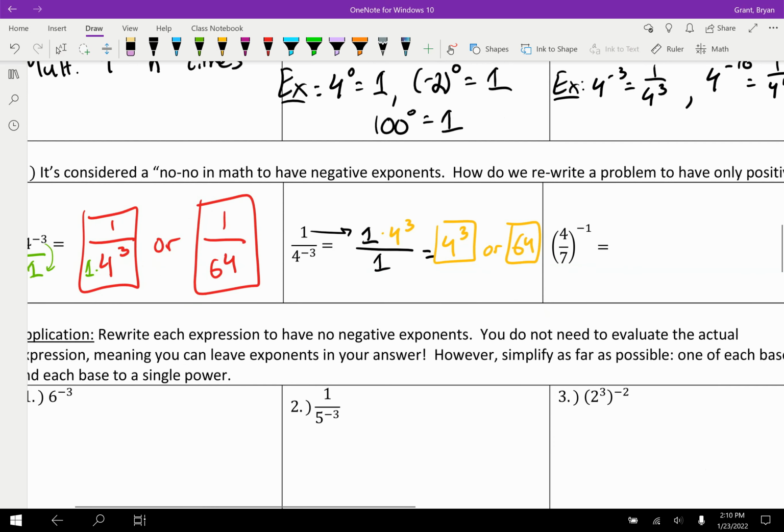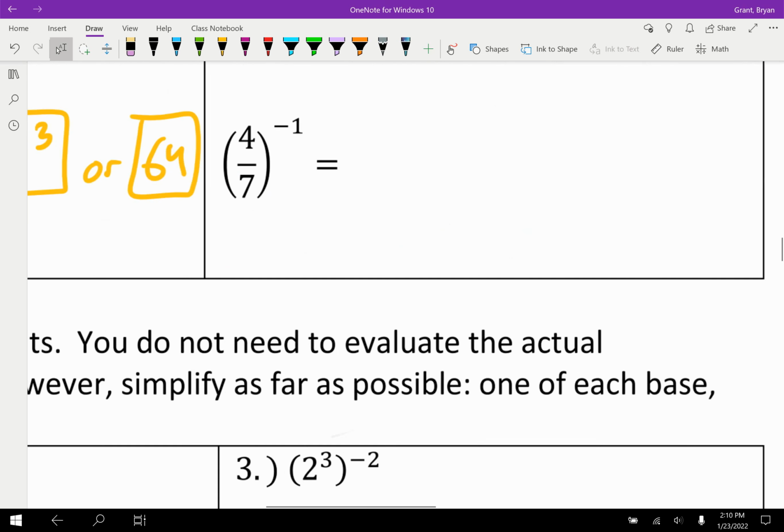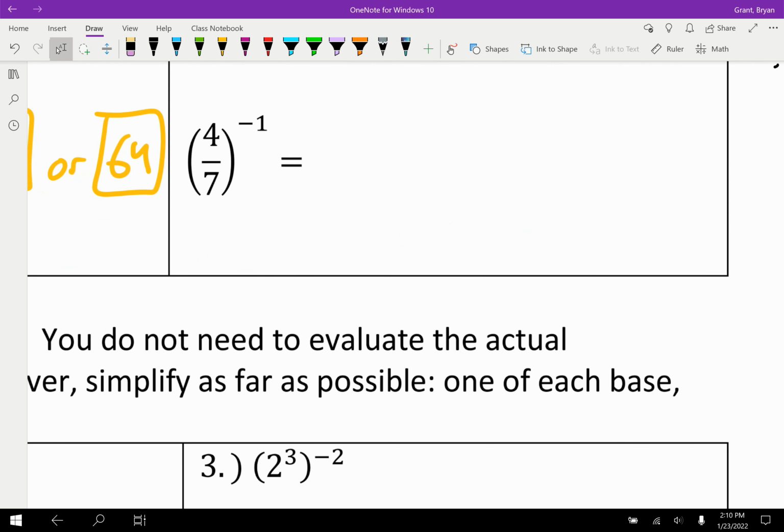Let's look at this last one. 4/7 to the negative first power. Well, we're actually going to be able to solve this one using what we learned last class. We learned with fractions, there's technically invisible 1s on each of the values of the fraction. And so we're going to take this number on the outside and distribute it to the exponents on the inside. 4 to the negative first divided by 7 to the negative first.